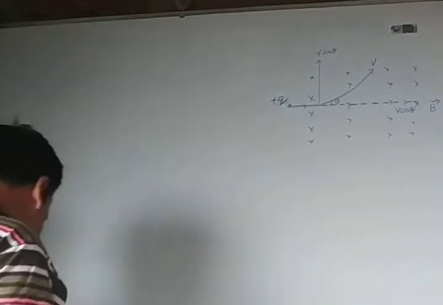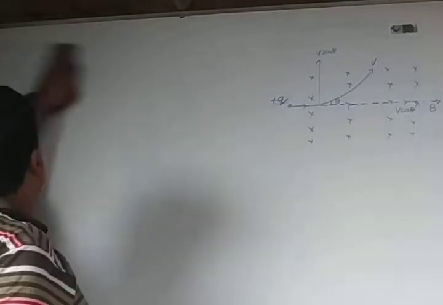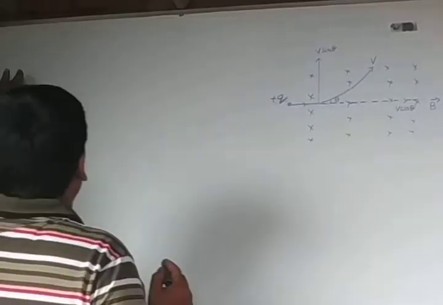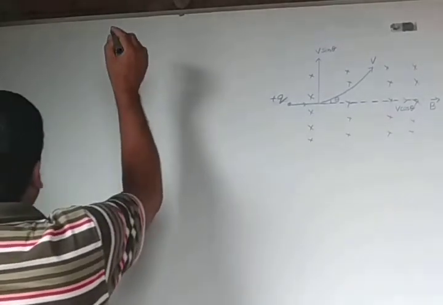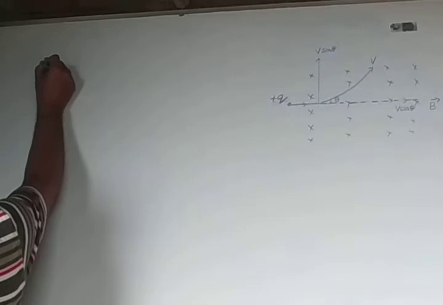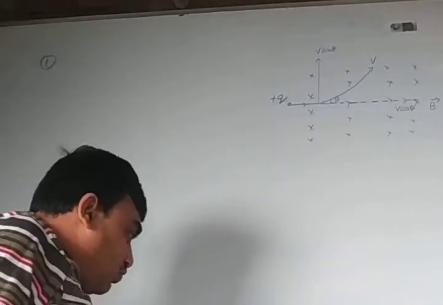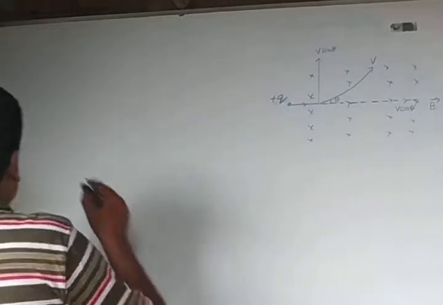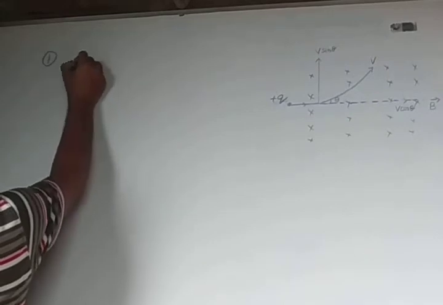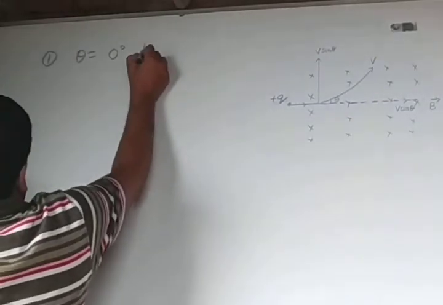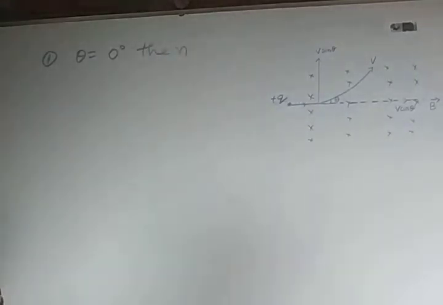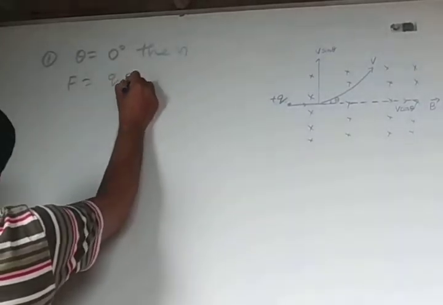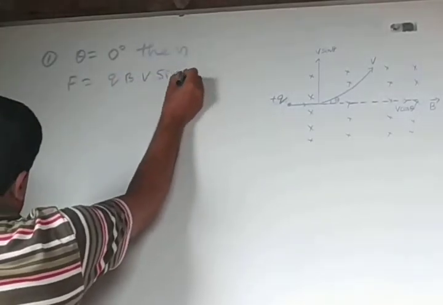If theta is equal to 0 degree, then F is equal to Q B V sin 0 degree.